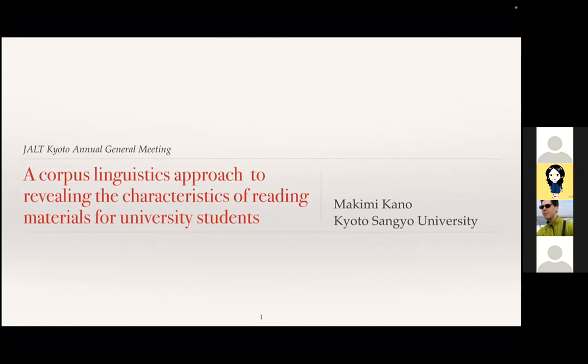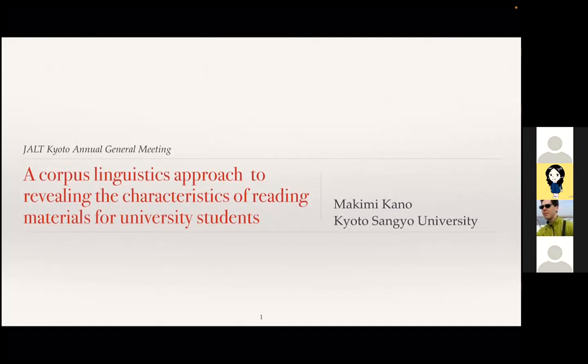And in their later years, they are required to read more advanced materials such as newspaper articles or academic papers for their research field. But there seems to be a huge gap between the material students read in their required English courses and the authentic English material they have to deal with in their seminars and for their graduation thesis.